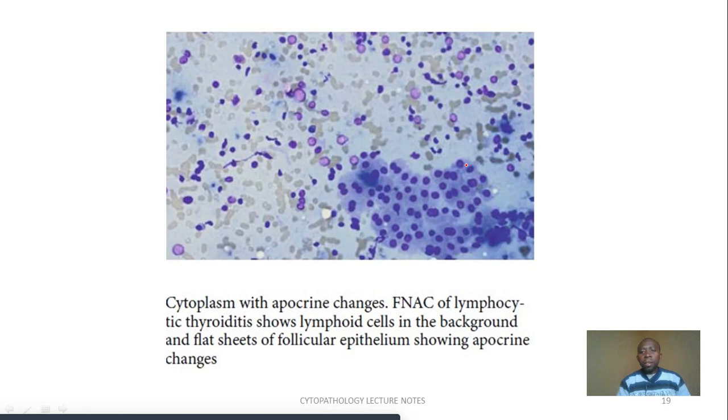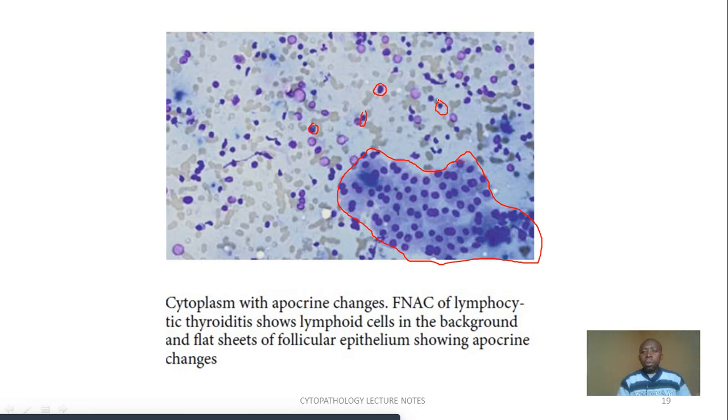For example, here we are seeing a big cluster of lymphoid cells. All these are lymphocytes, and then we have those which are appearing singly. This is a lymphocyte here, we have another lymphocyte here, and another here, and many others, just like you can see in the background.